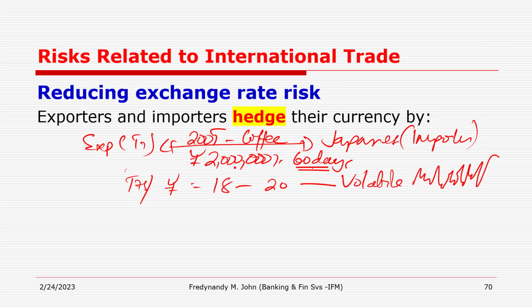And again, we know that on maturity, the Tanzanian exporter, once he receives yen, will have to translate yen to Tanzanian shillings. On the other hand, the Japanese importer needs to have yen so that he can make payments in Tanzanian shillings.